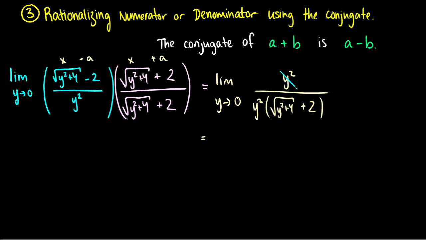Now at this point, we can cancel out these y squareds, and what are we left with? Well, we're left with the limit as y goes to 0 of 1 over the square root of y squared plus 4 plus 2. Now this is nicer because we can plug in y equals 0 now.